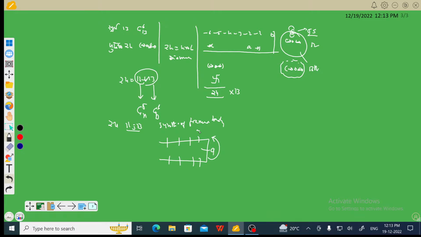Further it will become 31, here will be 13, here will be 42, here will be 24, here will be 53, here will be 35, 64, 46, and so on.